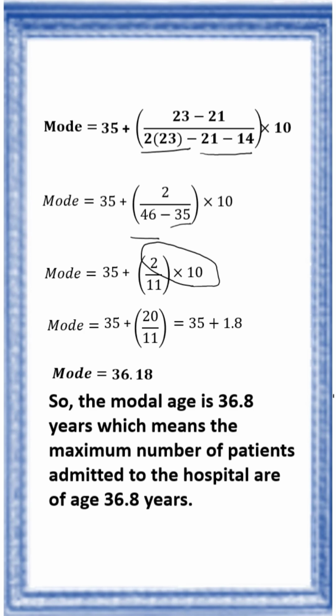So mode is equal to 35 plus 1.8, which is equal to 36.8. So modal age is 36.8 years, which means that maximum number of patients admitted to the hospital are of the age 36.8 years.